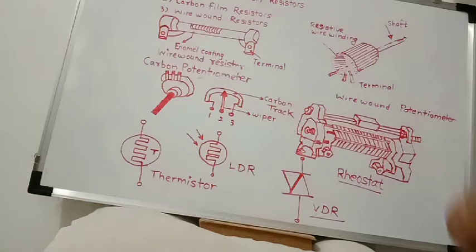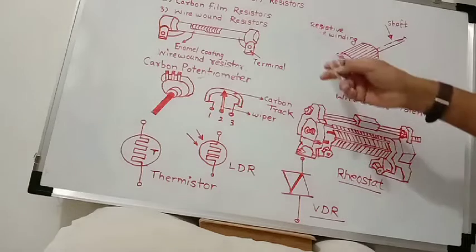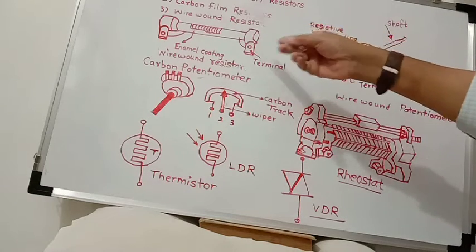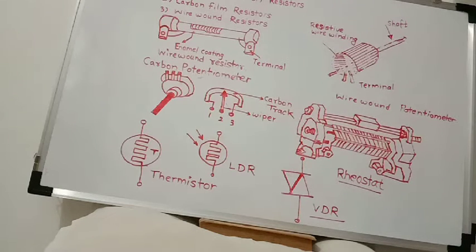In a carbon film resistor, a thin film of carbon is deposited on an insulating material like a ceramic rod.